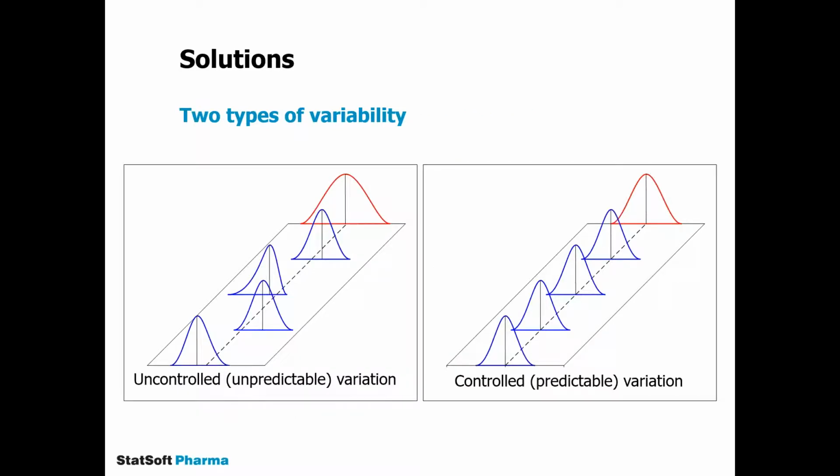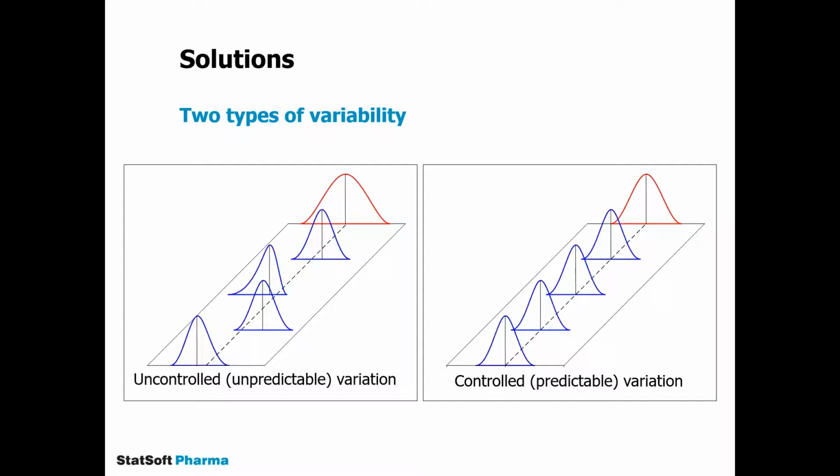What is the main objective of process control? It's about process predictability. A process can be considered predictable if, on the basis of historical data collected, it's possible to predict how the process will behave in the future within the assumed variability limits.